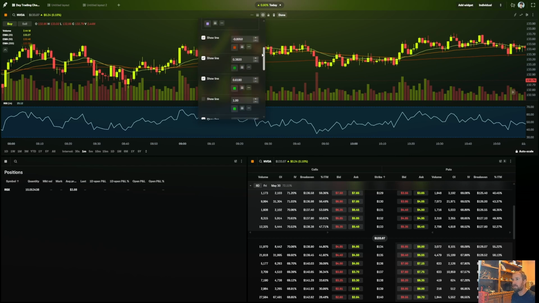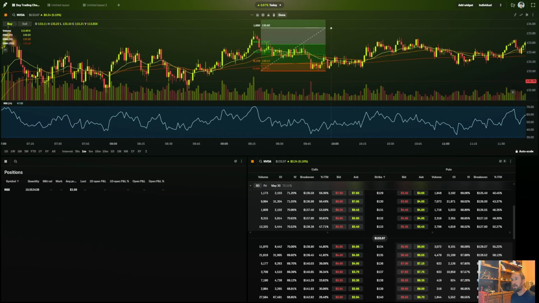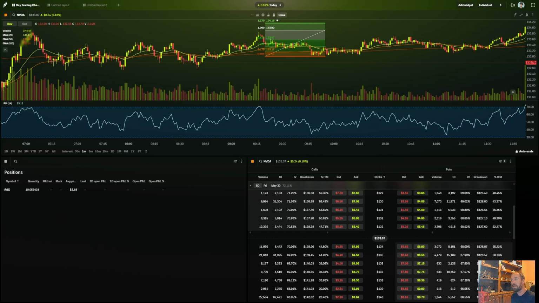So he set the first one to negative 0.005. Set that as red, which is going to be your stop loss. 0.3820 is going to be your... So I'm going to change this to white. And we're going to do this. Yeah, kind of like that.